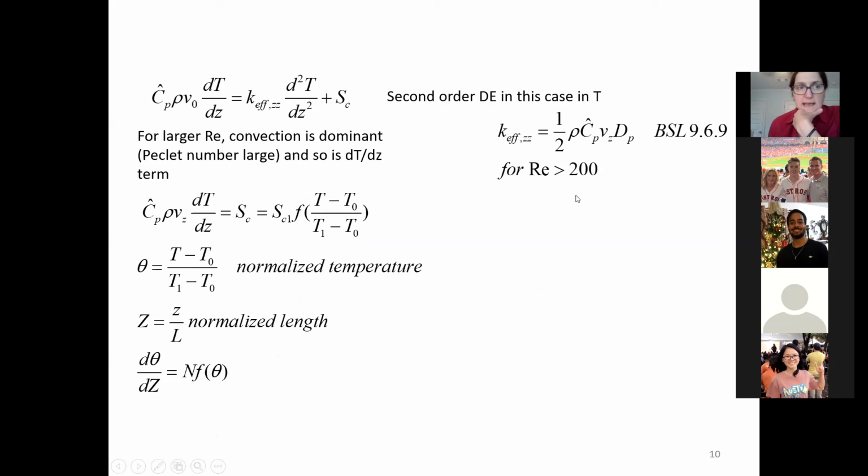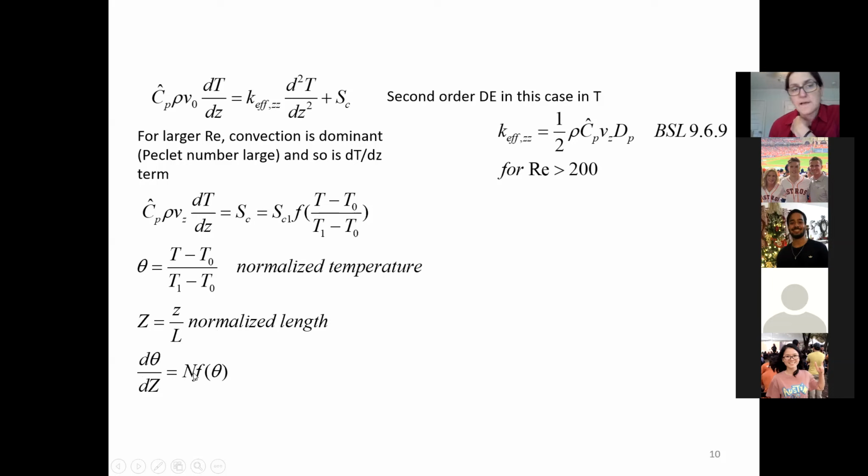Okay. And then another question is, what is this effective thermal conductivity? I'm not going to go into details of it, but basically you can find expressions for it. Also, if you plug in some simple function, you can further normalize this. Theta is the normalized temperature, and you can also normalize length, so that you will ultimately get the equation for normalized temperature that looks like this.